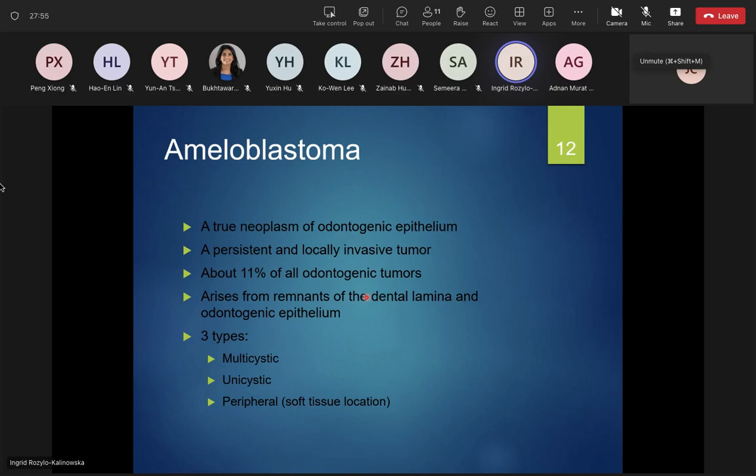It's not as much as in long bones, but considering the maxilla, which is a bone made mostly of air spaces, in comparison the mandible does have a lot of bone marrow. So the ameloblastoma can continue to grow.